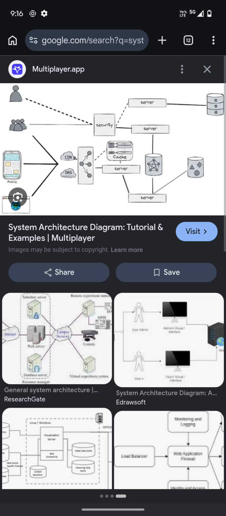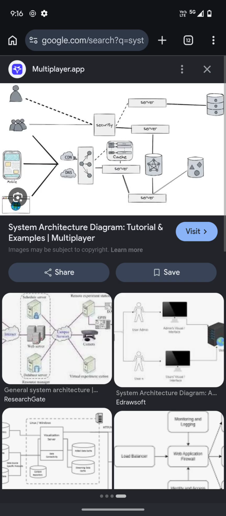It translates your website name into the IP address and finds the particular host details. And the caching mechanism, as I told you, you need to cache the data. This is a simple system design architecture, but it covers most of the things.